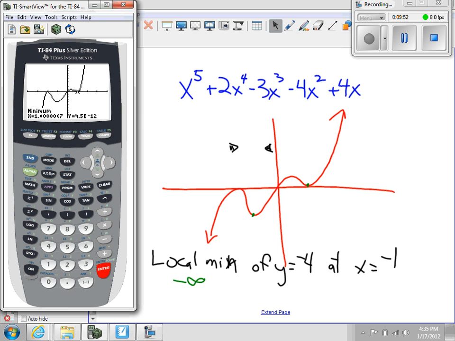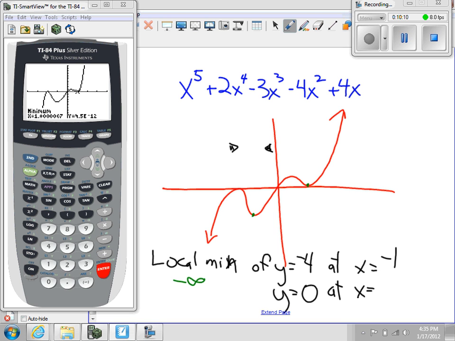So I have another local minimum of y equals 4.5 e to the negative 12. Since e to the negative 12 is a really, really tiny number, I'm going to say that is 0 at x equals 1.